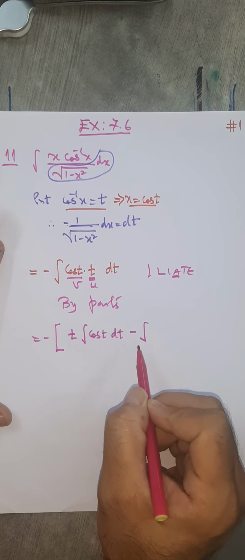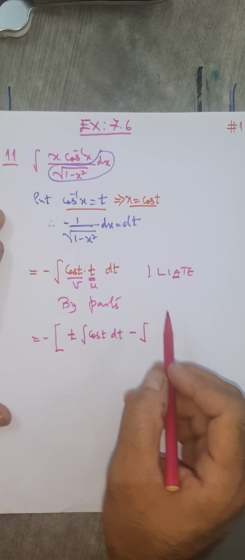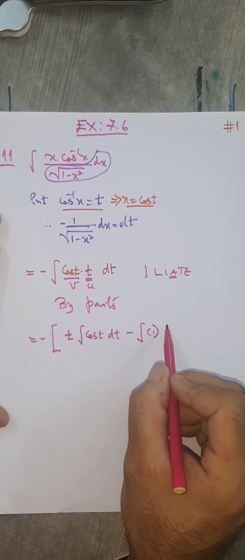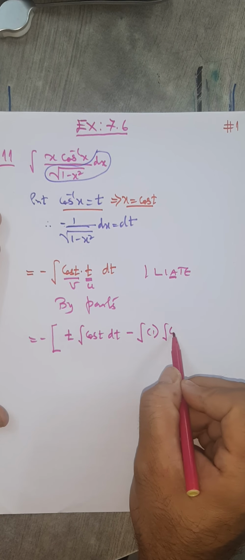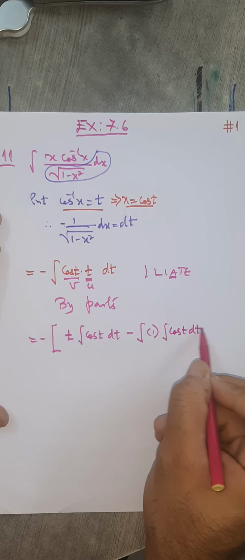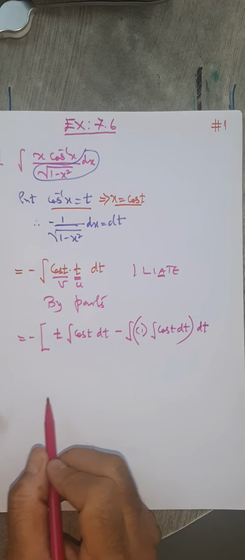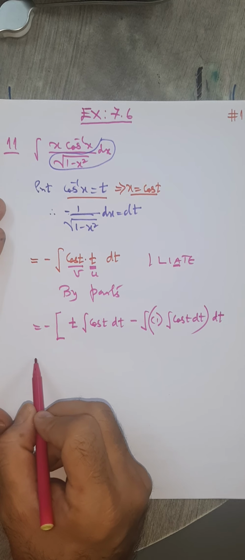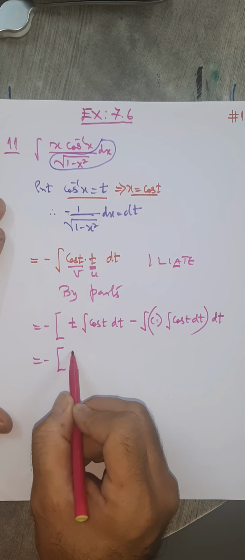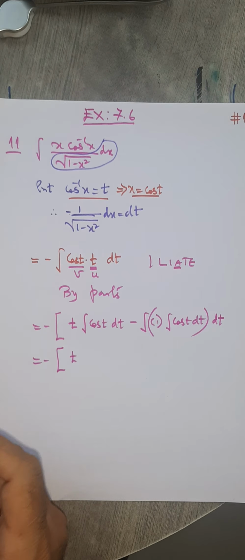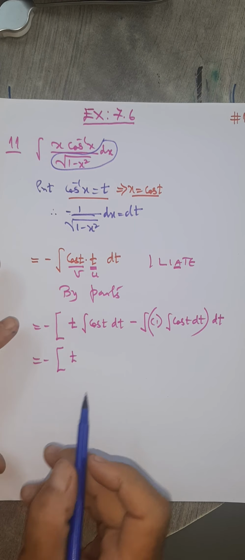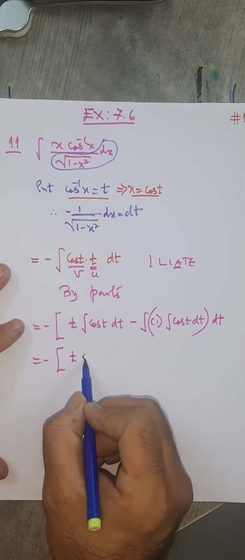Minus inside the integral the derivative of t with respect to t, which is 1, into the integral of cos t, and then the whole integral. Okay, so this equals minus t into, what is the integral of cos t? You know that it is nothing but sin t.